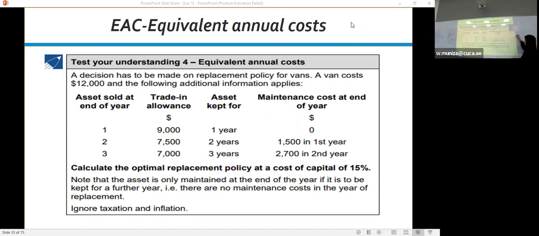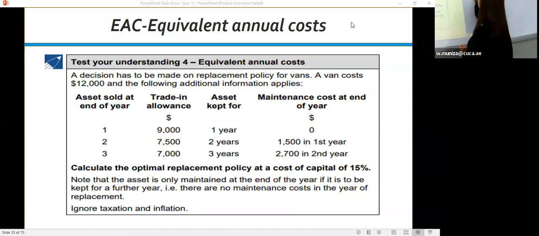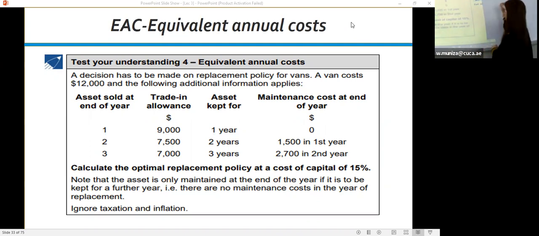For the first strategy, replacing after 1 year, with year 0 and 1, the initial investment is 12,000. You need to calculate EAC, the equivalent annual cost. Here there are no maintenance costs, and the trade-in allowance is 9,000.